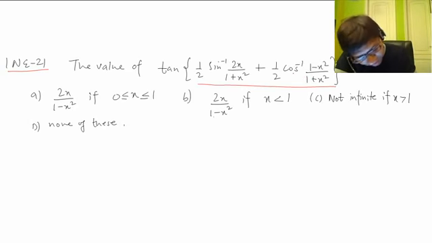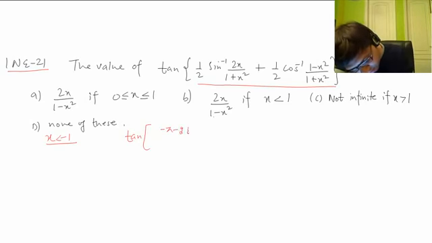For example, if we just follow the last question, and I'm not writing the definitions again, I make intervals. For x less than minus 1, it is tan of minus pi minus 2 tan inverse x, divided by 2, and this equals minus 2 tan inverse x divided by 2.